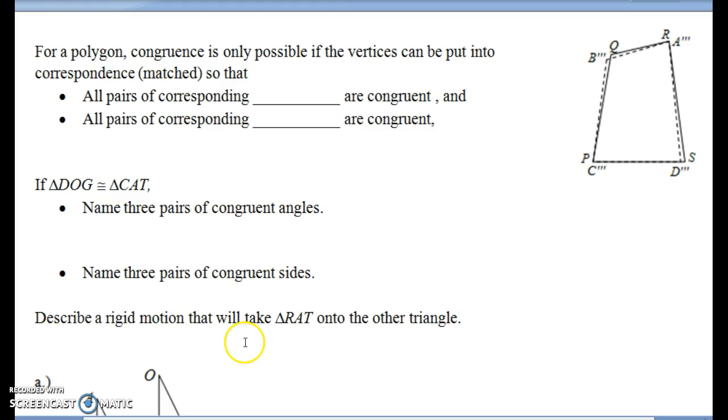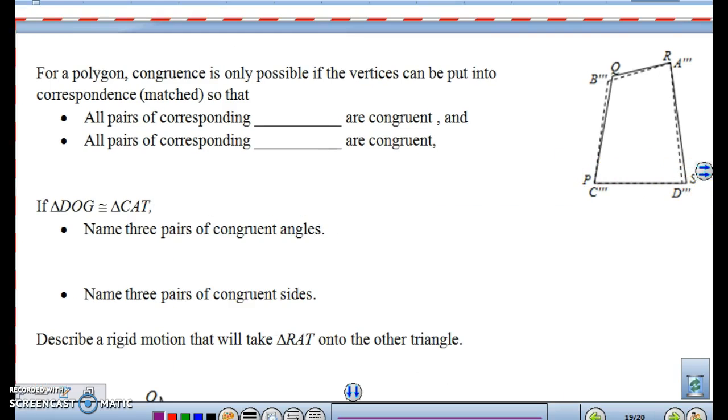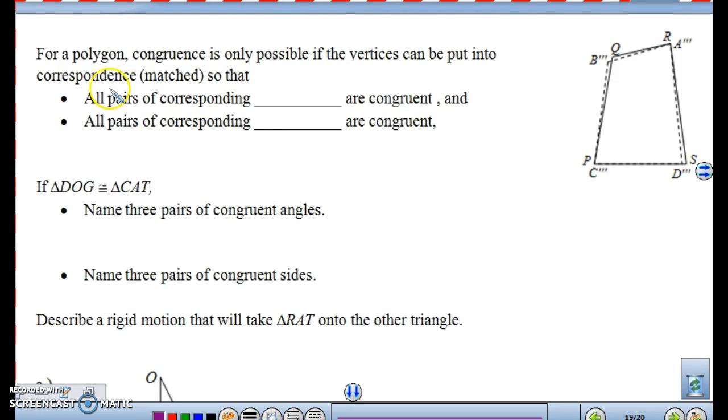Again, what's important about doing a rigid motion is for congruence. For a polygon, congruence is only possible if the vertices can be put into correspondence or matched so that all pairs of corresponding sides are congruent and all pairs of corresponding angles are congruent. Because what you start with is what you end with.